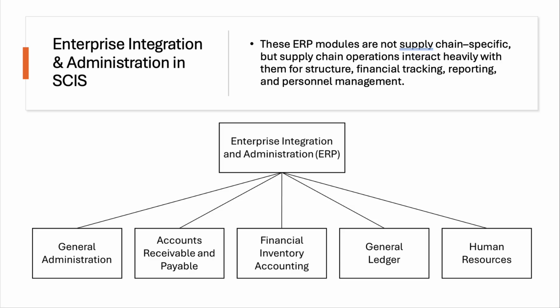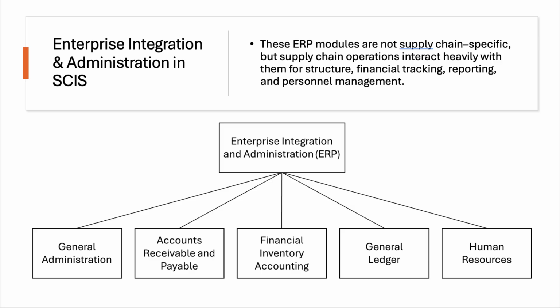This is why enterprise integration matters. If the supply chain operates separately from finance, accounting, HR, and administration, then the firm may have inconsistent information and poor coordination. A supply chain decision may look operational, but it often has financial and organizational consequences.